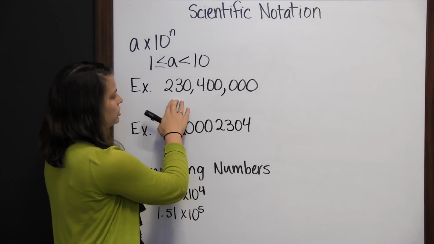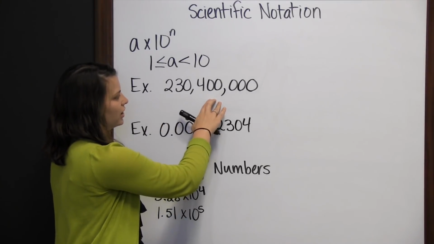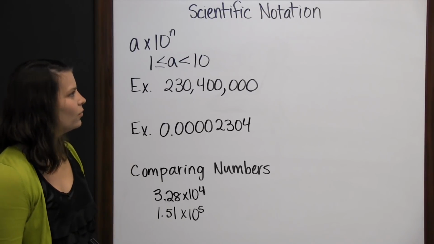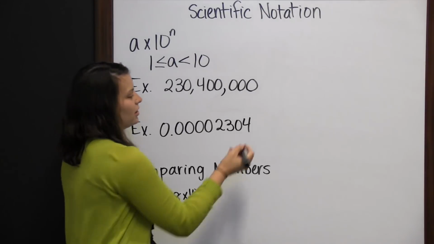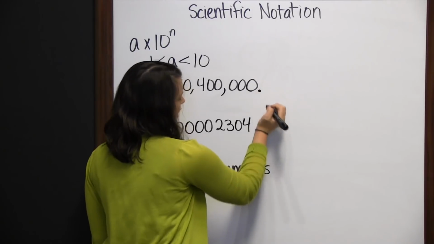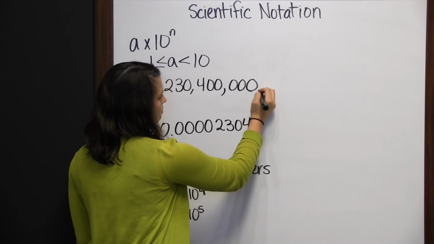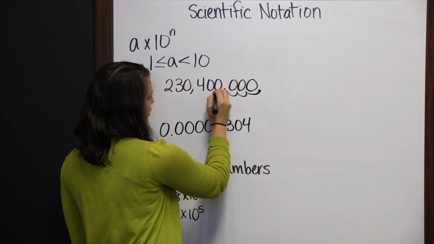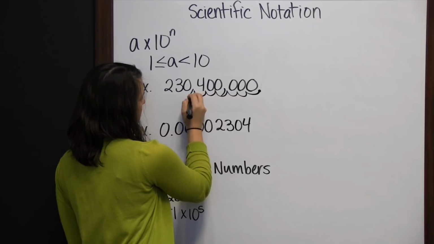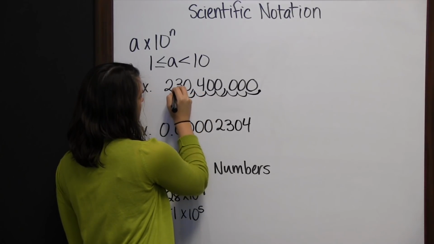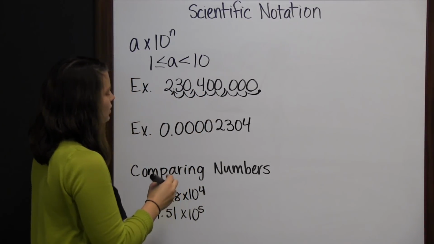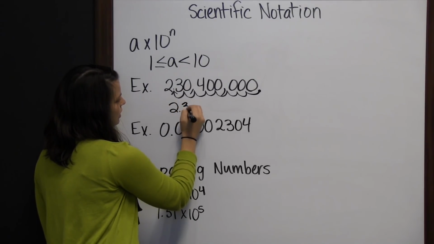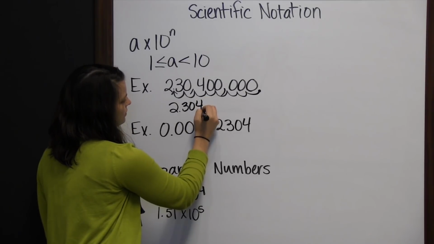Let's take this number, 230,400,000. It's a pretty big number. We can write this in scientific notation by taking our decimal, which is at the end of our number, and moving it 1, 2, 3, 4, 5, 6, 7, 8 places to the left, so that our number is now 2 and 304 thousandths.